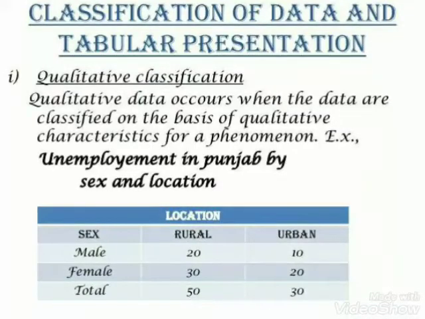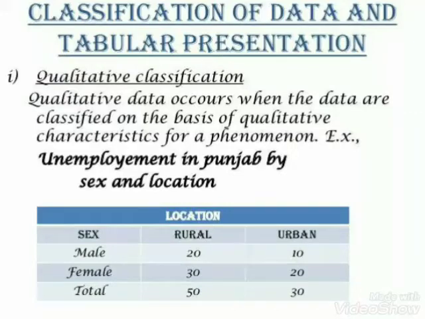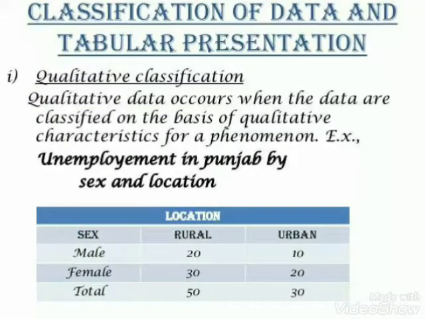Now if you see, this unemployment is of a state called Punjab, where in the rural area the male figure is 20 and in the urban area it is 10. And if we see, the female in the rural area is 30 and in the urban area is 20.